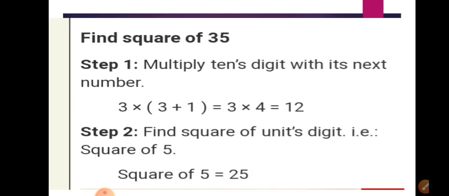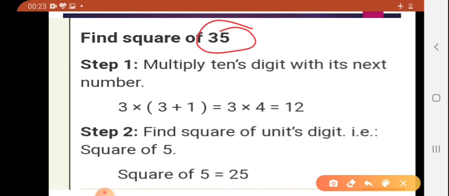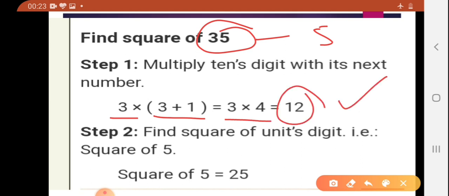Now here we can see one example. We have to find the square of 35, whose unit digit is 5. Now what do we have to do? Multiply the tens digit with its next number. The tens digit is 3 and its next number is 3 plus 1, that is 4. So 3 into 4 is 12.